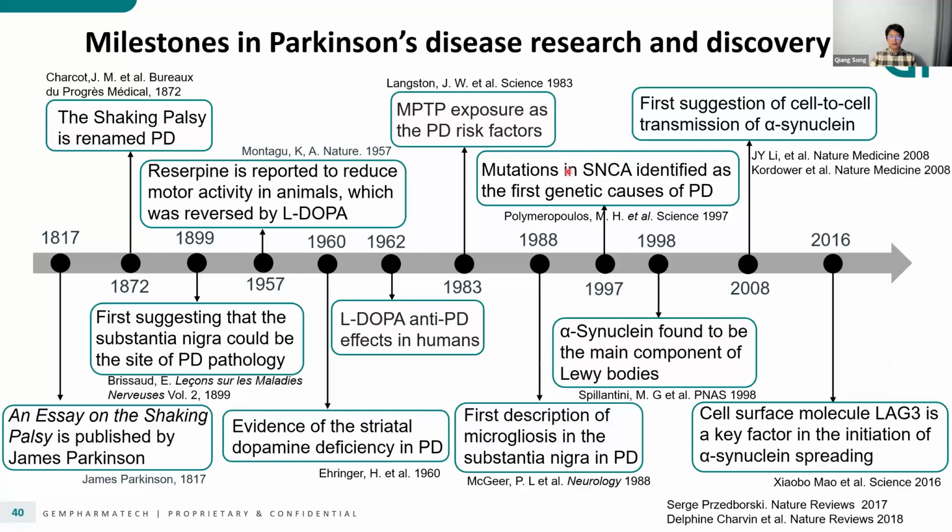Researchers have also identified mutations in the SNCA gene that are related to Parkinson's disease pathology. Recent studies also indicate that alpha-synuclein protein can perform cell-to-cell transmission, which raises a potential therapeutic strategy for Parkinson's disease.